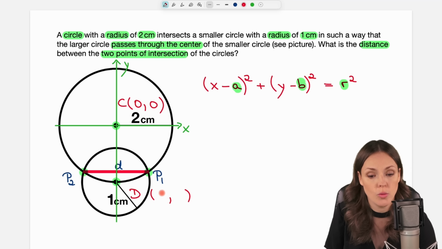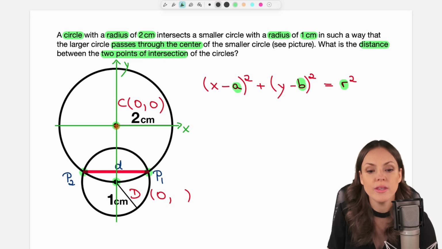For the x-coordinate, I just come from the origin and go straight down, so my x-coordinate doesn't change, it's still 0. The y-coordinate, though, from the origin down, how far did I go down? From this center point down to this center point, that is also the edge of the large circle.